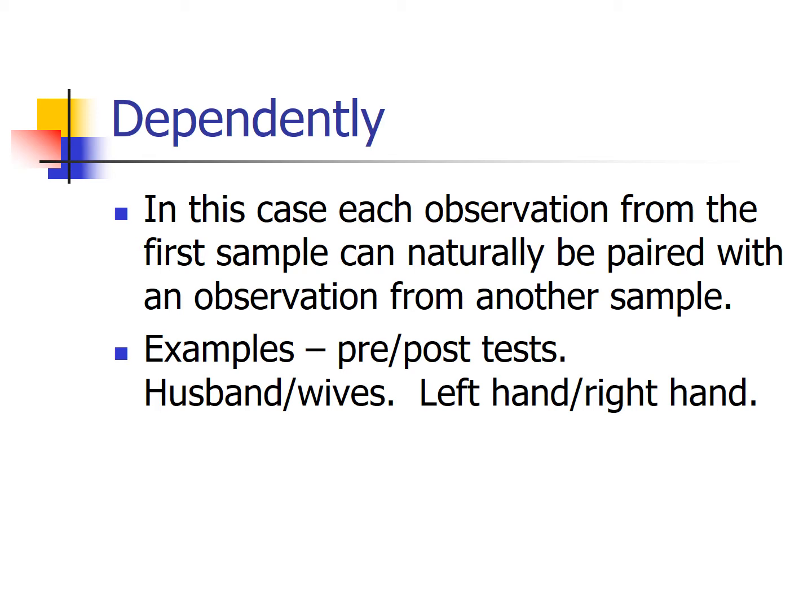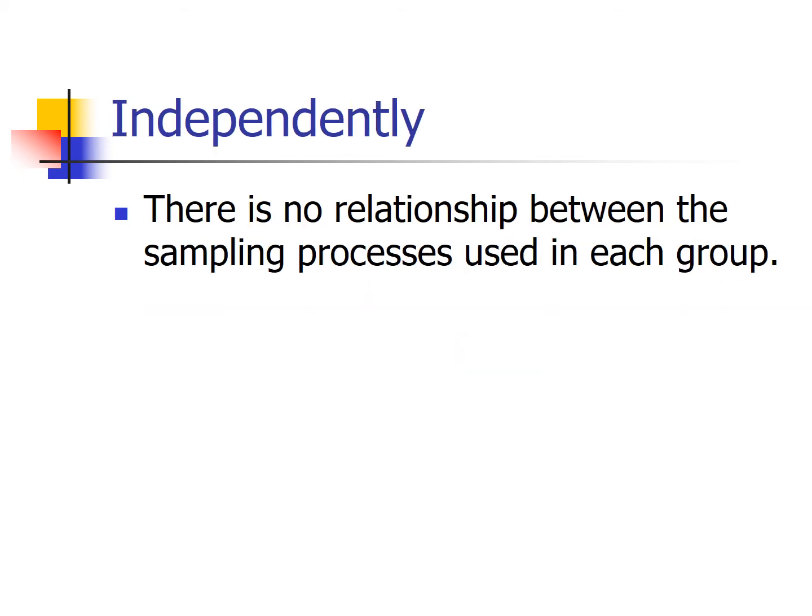So anytime you have paired observations, one observation from each pair in one of the two samples, this is a dependent framework, because in every one of our samples you have an observation that depends upon an observation from the other sample. Now, the independent scenario is where there is no relationship between the sampling processes used in each group. That is, every observation in group A is independent of all observations in group B.